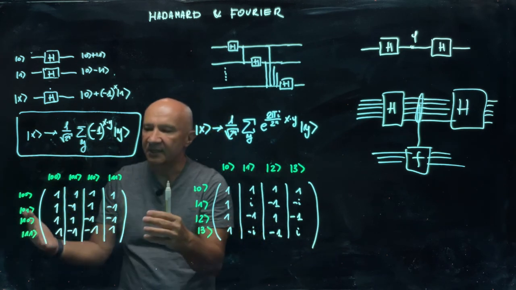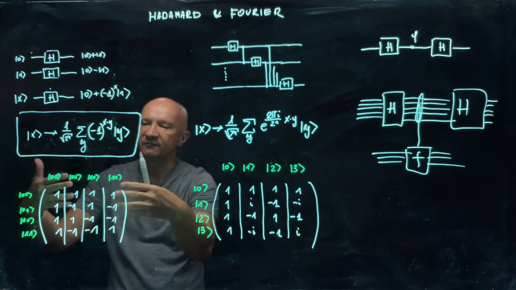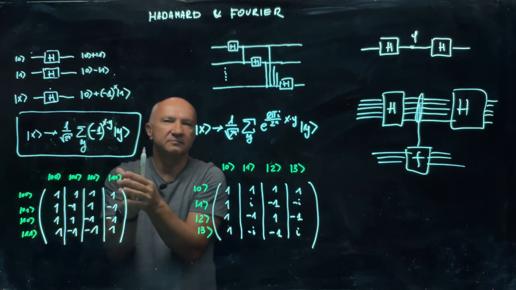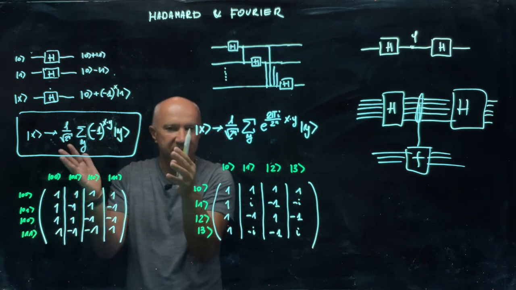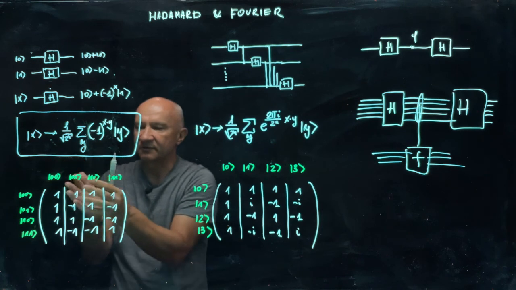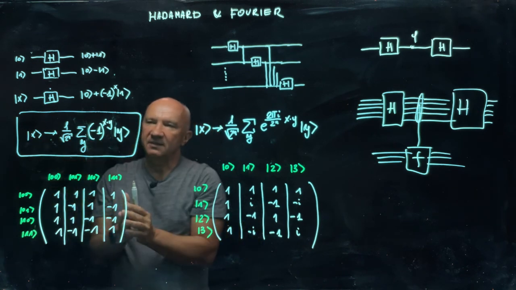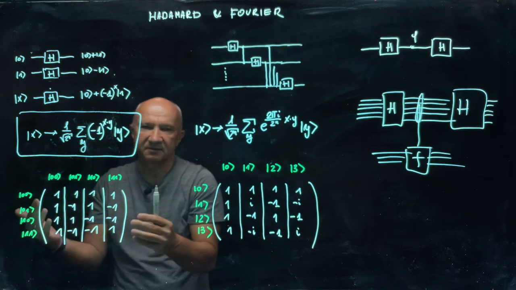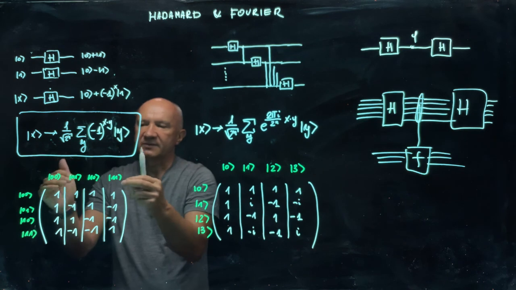So for example, if you act on two qubits, we have 4 possible binary strings that the two qubits can represent: 0 0, 0 1, 1 0, 1 1. When you look at this operation, you see that it is essentially a unitary operation that maps.